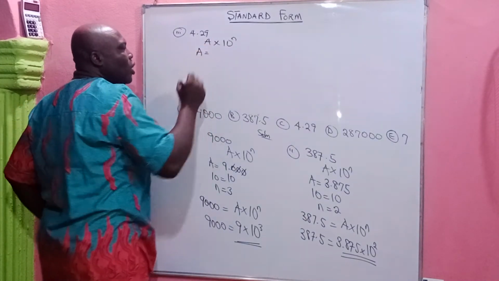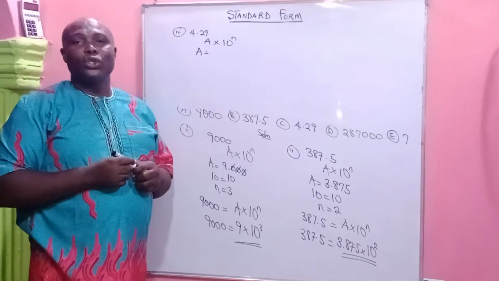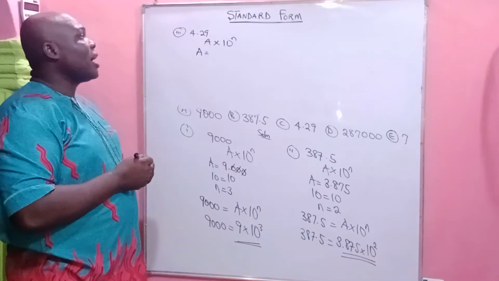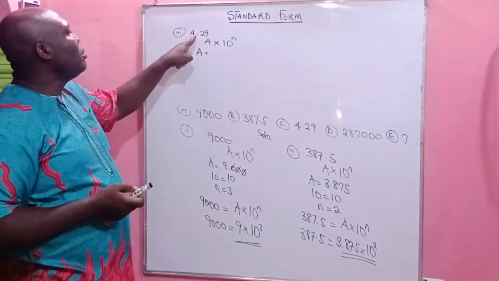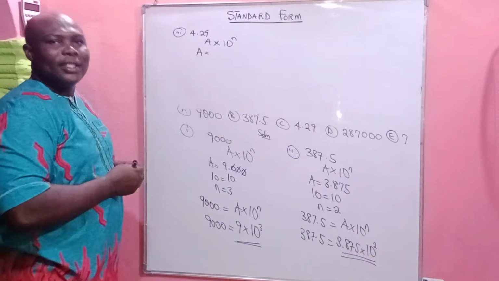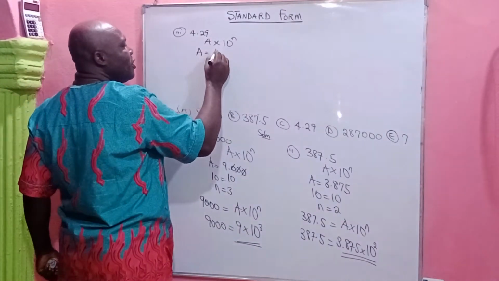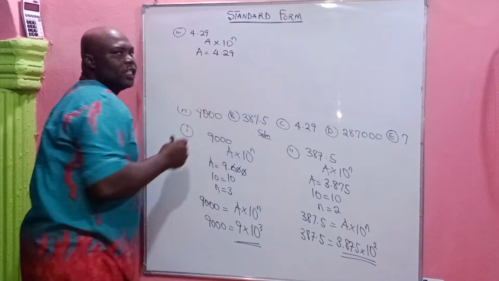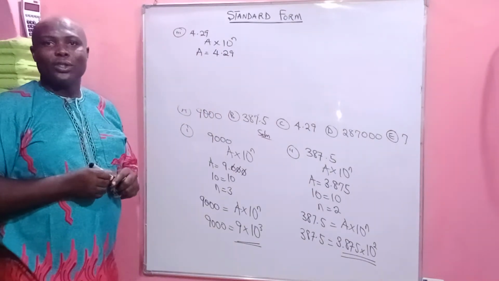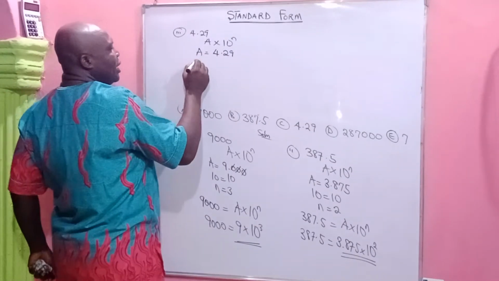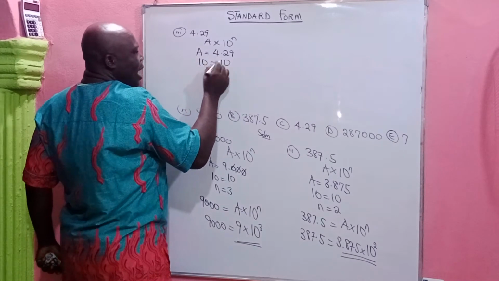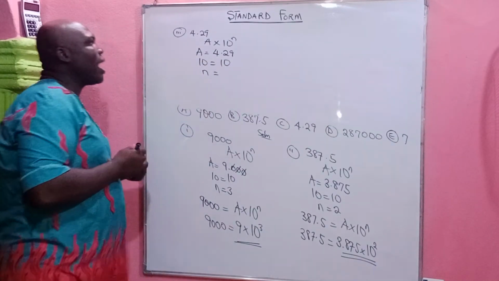Our a means we move the decimal point and position it after the first significant figure. And already it has been positioned after the first significant figure. So we still have 4.29. It won't change because the decimal point is where it is supposed to be in standard form. And then 10 is a constant, and n is the number of times we have moved.